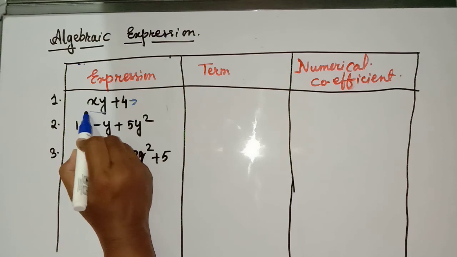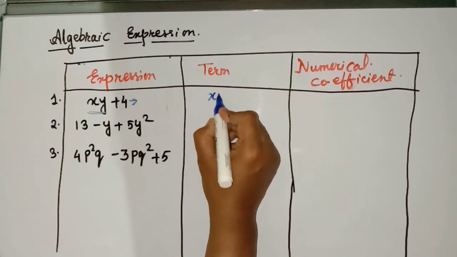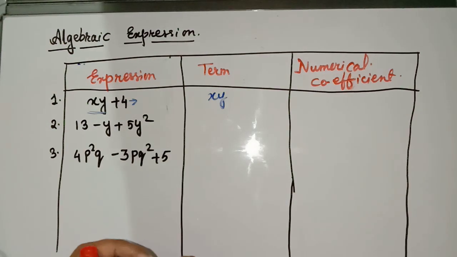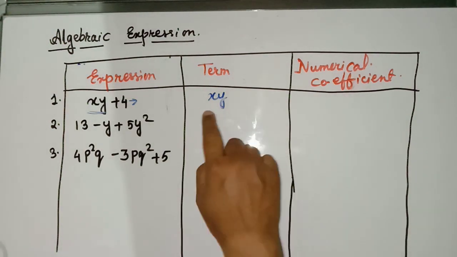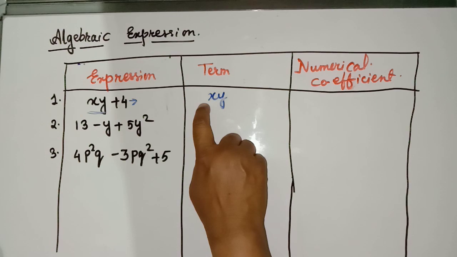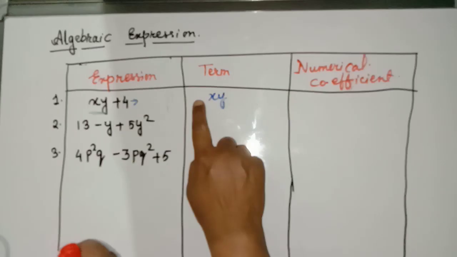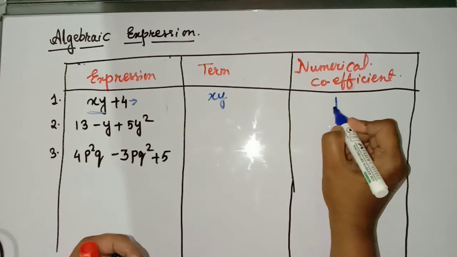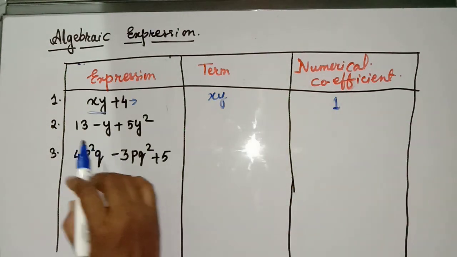So here the term is xy. Now you have to write the numerical coefficient of xy. There is no number written before xy, which means there is 1. So write 1 as numerical coefficient.